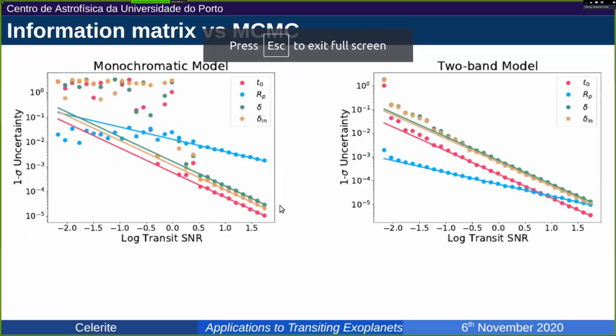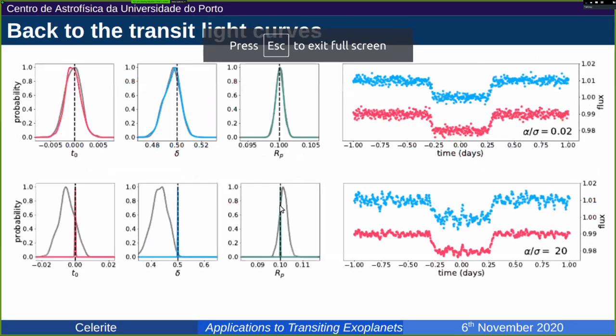If we see the comparison, for example this one, the impact of the two model photospheres is different for different parameters, right? So if you are computing, for example, the mid-transit time with a monochromatic approach, you can be making a wrong estimate when compared with the two-model photosphere.